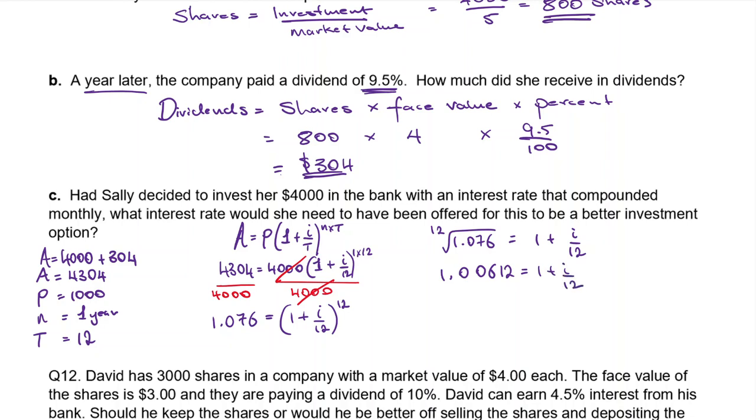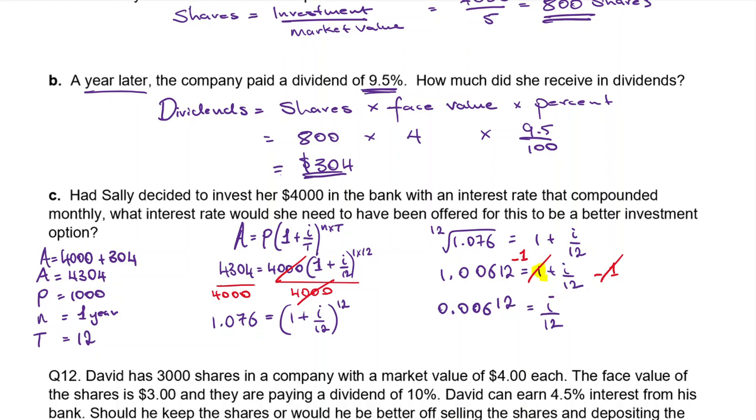Then we want to get rid of this 1, so I'll subtract 1 on both sides. So that and that will go. And 1.00612 minus 1 is just 0.00612 equals I over 12.